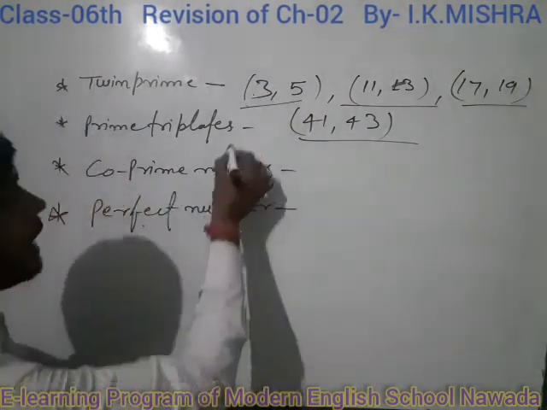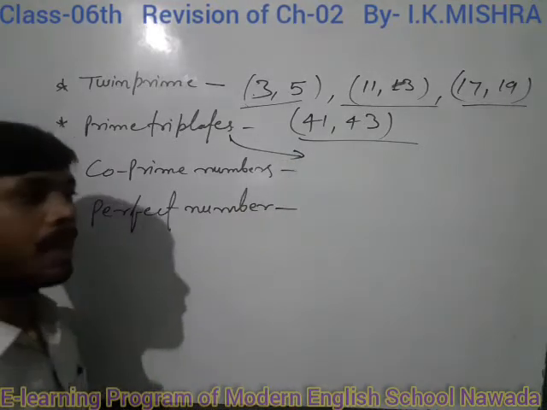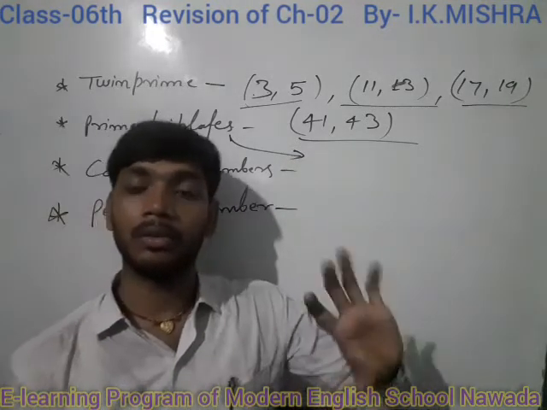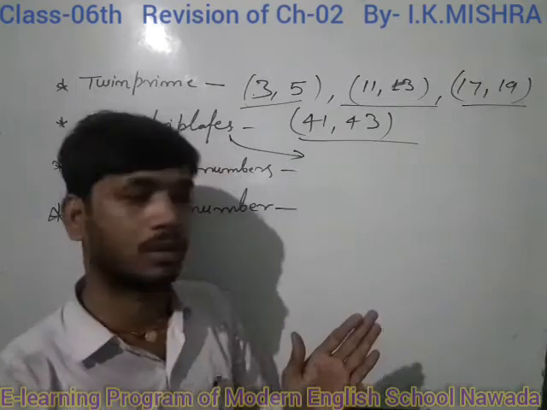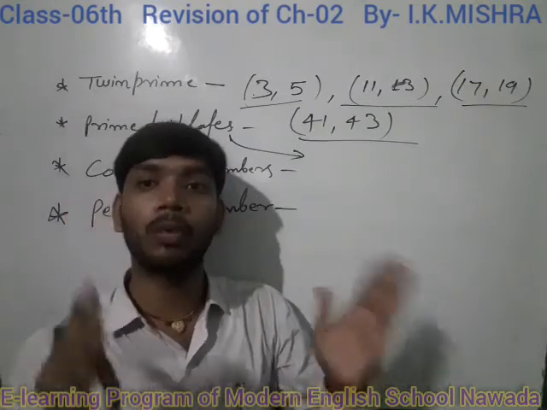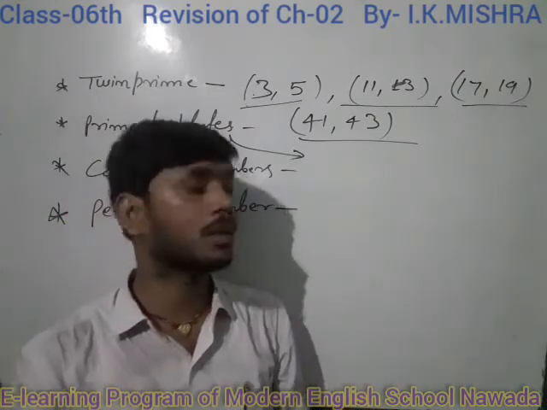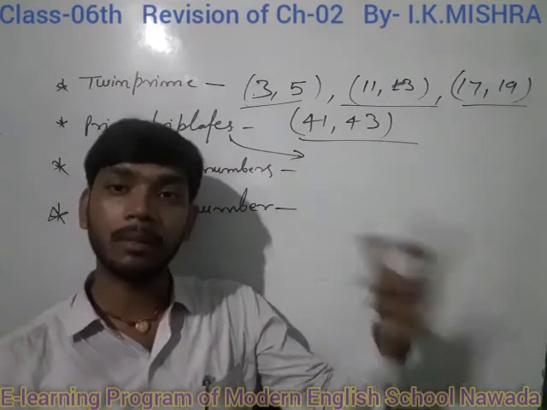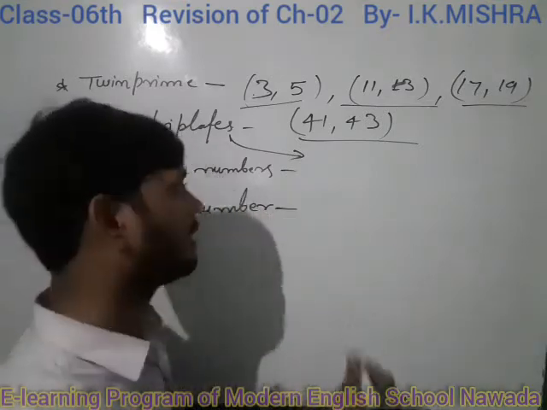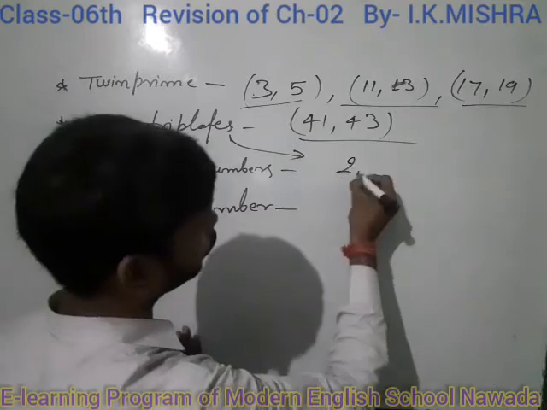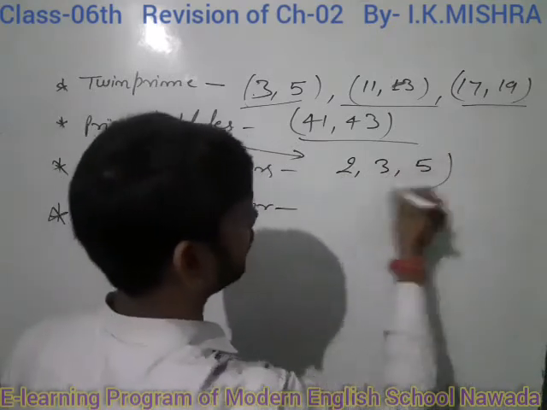After that, now prime triplets. Prime triplets are a set of 3 numbers, a group of 3 numbers, where the difference between each is 2. Here I write 2, 3 and 5.